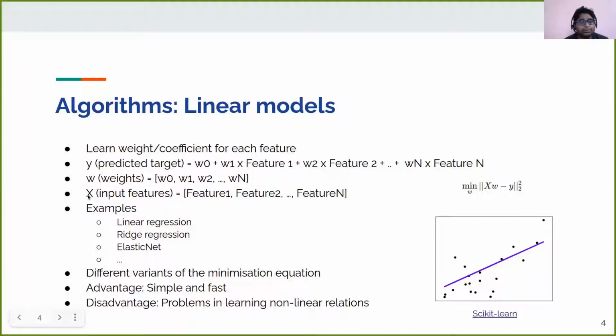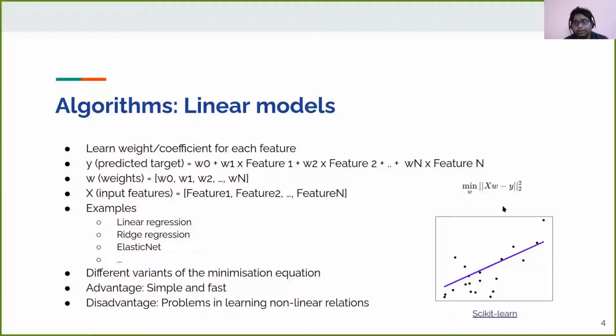X is the input, and it has n features. The quantity that we see here on the right is the mean squared error, which is minimized for learning in a linear model, for example, in linear regression.